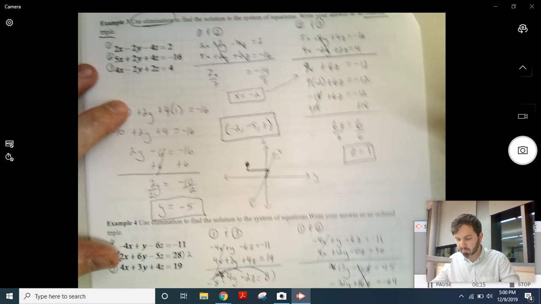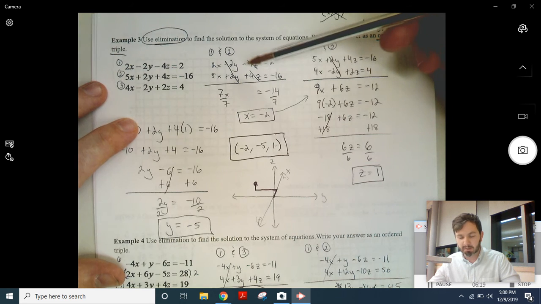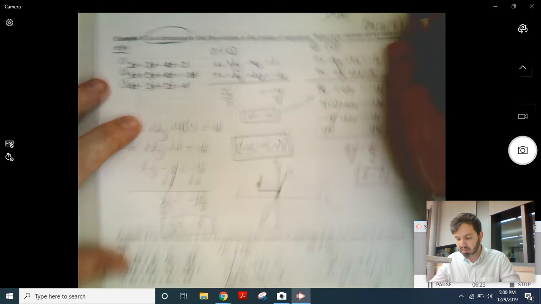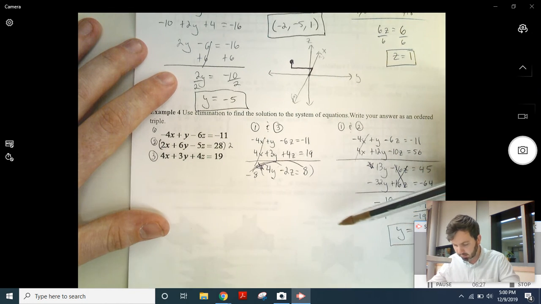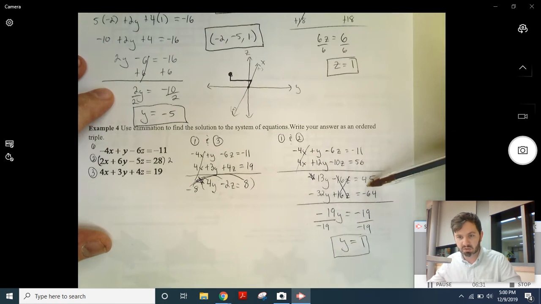And what I wanted to point out is the difference between what happened in our first example and our second example. When we did elimination in our first example, we did it with 1 and 2, and we got an answer. But when we did elimination the first time here, we got an equation, which was annoying. And because we got an equation, we had to combine it with the other equation we got.